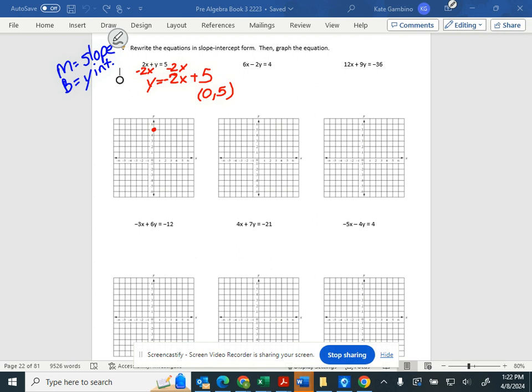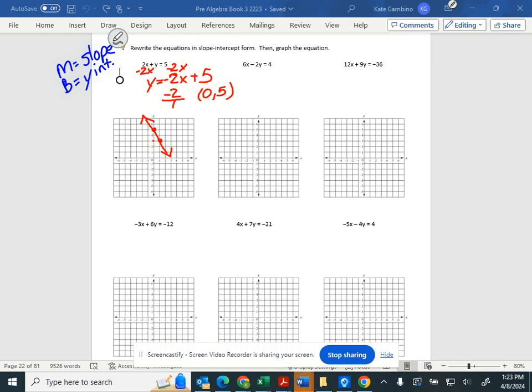Remember, that m is in front of the x, so our slope is negative 2. That's the rise. What's the run going to be? The run would be 1. So because it's negative, I go down 2 over 1, and I'm going to graph my line.